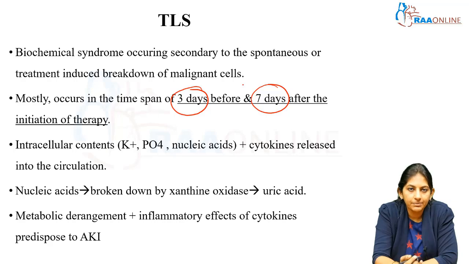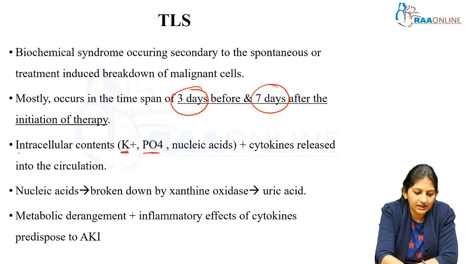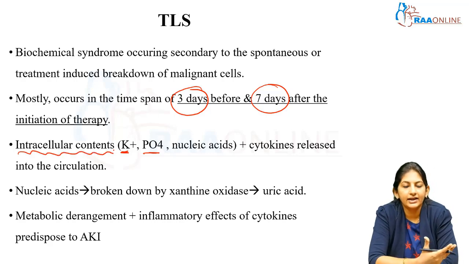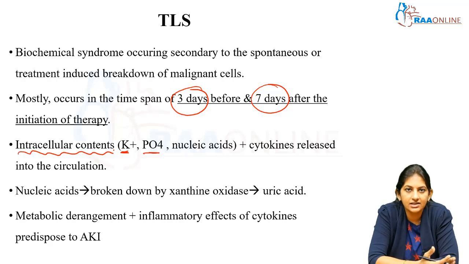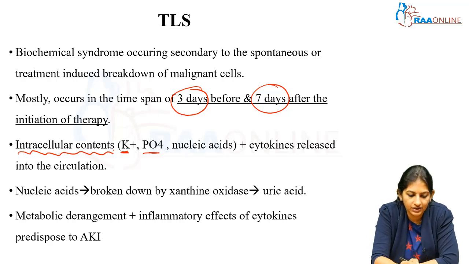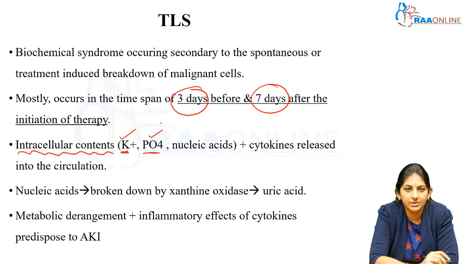First is hyperkalemia and hyperphosphatemia. Basically, potassium and phosphate are intracellular contents. So the tumor cells are breaking down and releasing this potassium and phosphate. So that causes hyperkalemia and hyperphosphatemia.